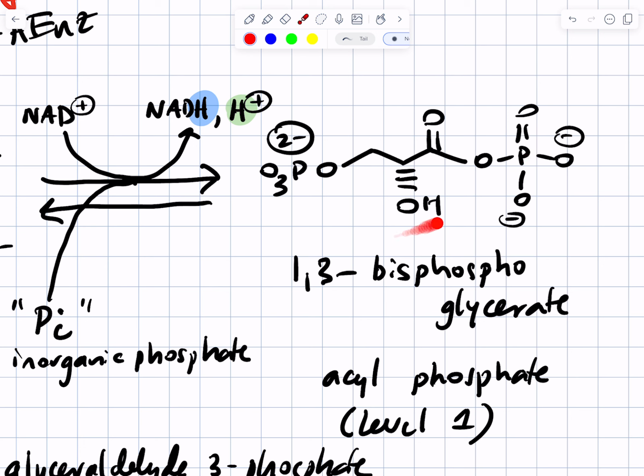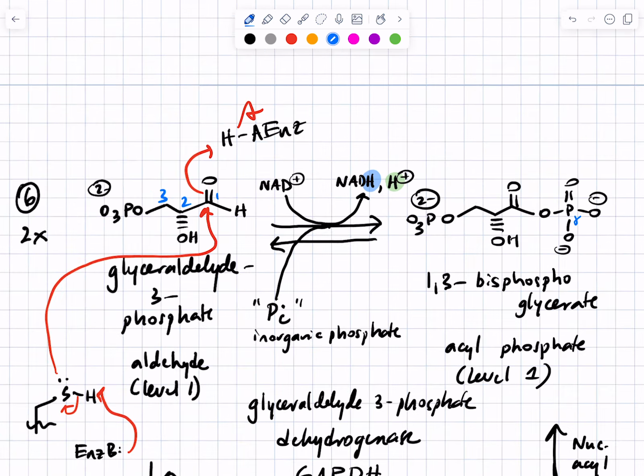Over here, a carboxylate. Carboxylate's level 4, very stable, decent leaving group. So we're set up now after this GAPDH step with a phosphate that is bonded to a good leaving group. This phosphate is now primed to become the gamma phosphate of ATP.